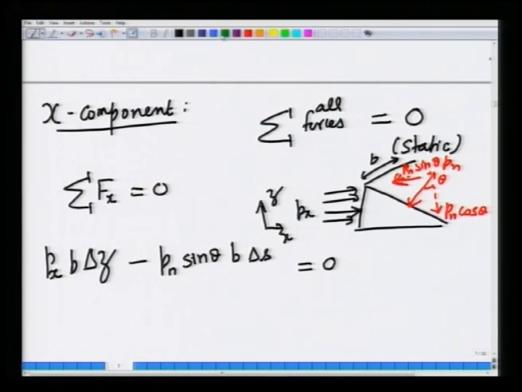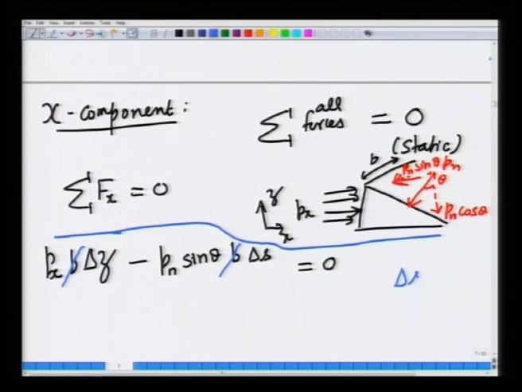This is the x component. Now, the B factor will cancel right through. Now, from geometry, delta s sin theta is nothing but delta z.